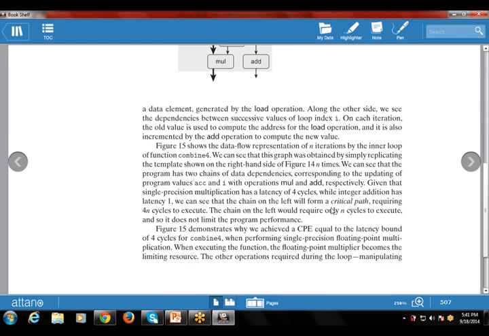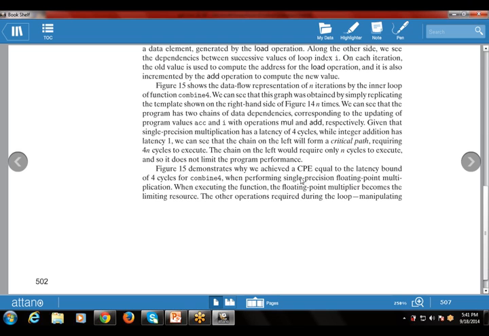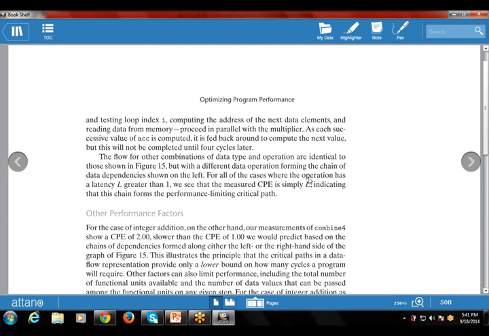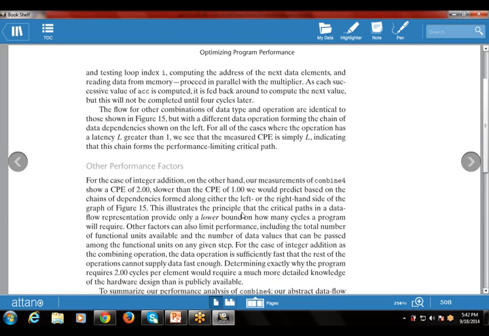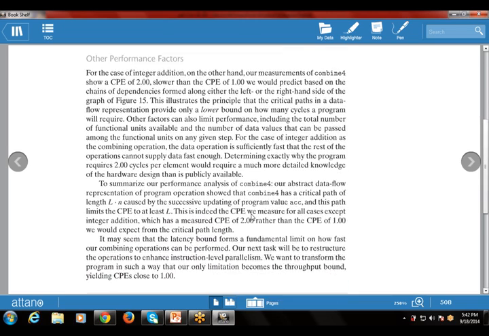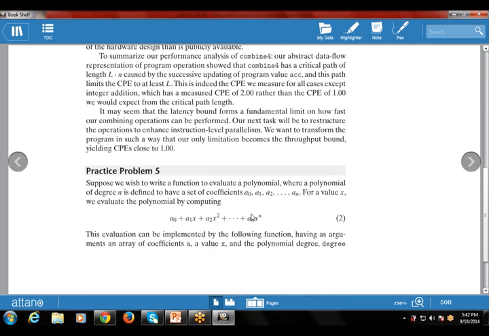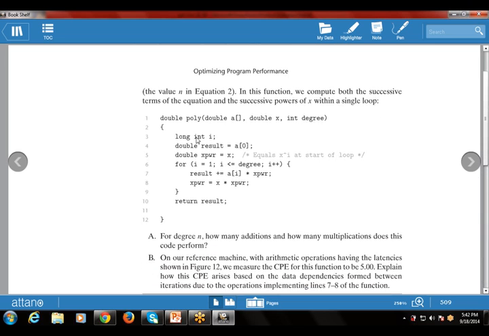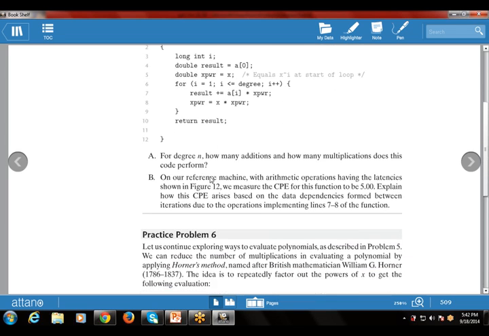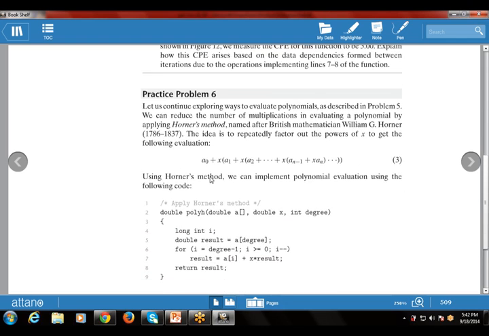This is your critical path, that is cycles per element, CPE. Other performance factors are CPE, as I told you, of 1.1, lower bound, upper bound, fundamental task. This is the example shown with the help of assembly language. These are the practice problems.